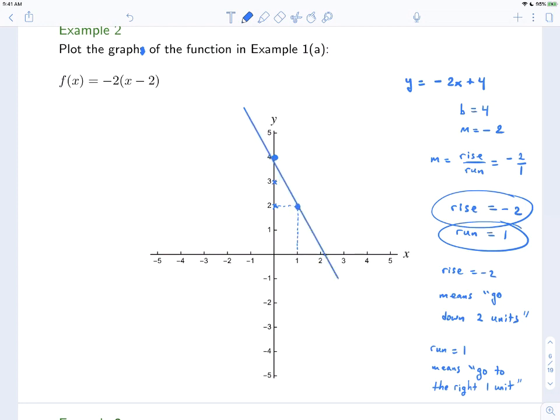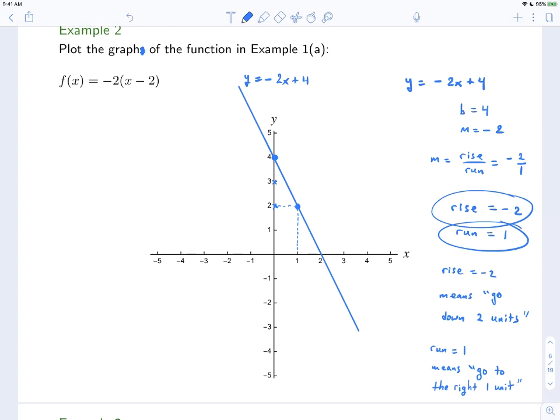So that's a little off. There we go, that's a little bit better. So there's our line. This is the line y equals minus 2x plus 4.